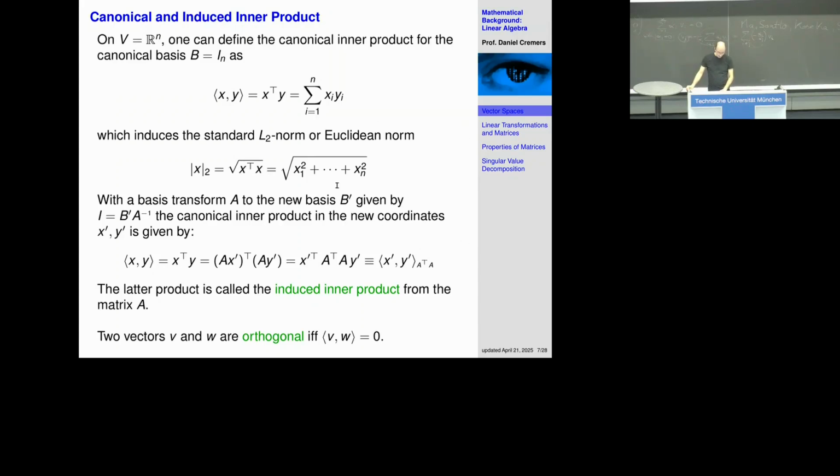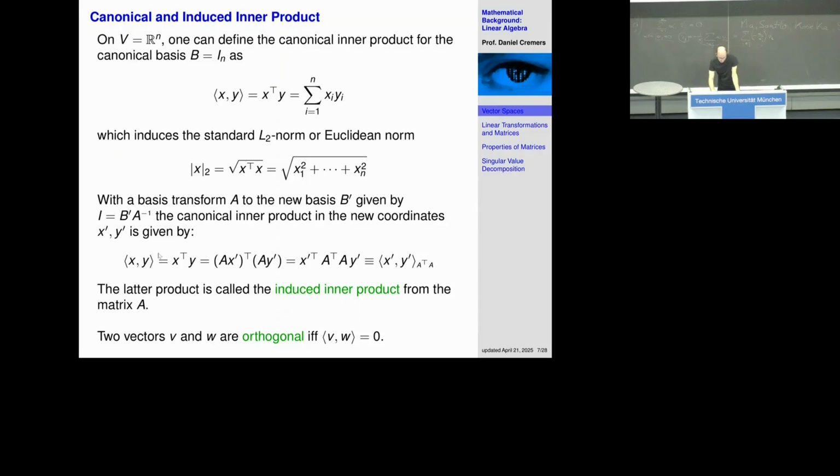But the Euclidean norm is this one. And then with a basis transform to a new basis, we can express the canonical inner product in this way.